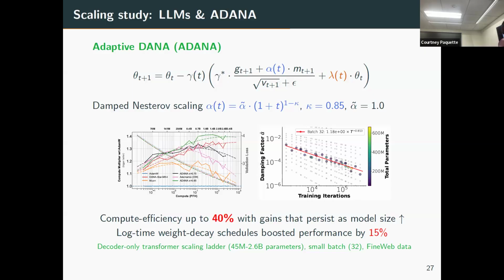We were running from 45 to 2.6 billion, and I think it just doubles, like what people say for batch scaling. So you're not hugely scaling your batch over that regime.